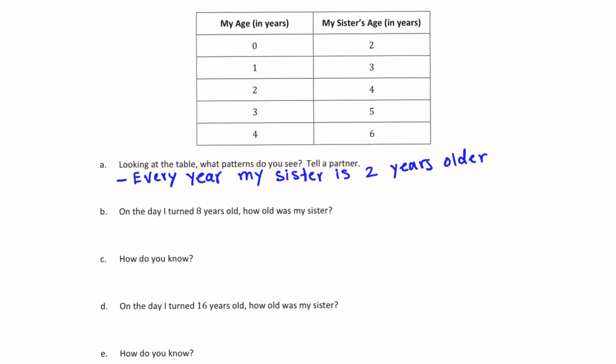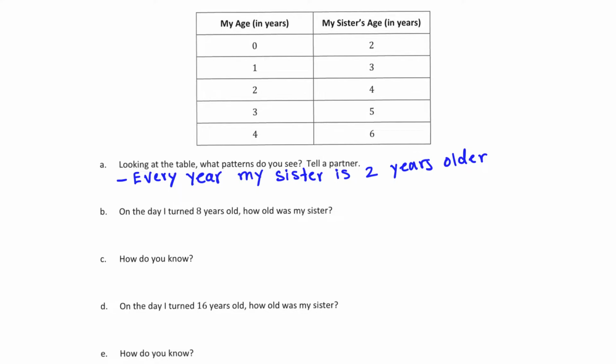Okay? Now let's look at the second question. On the day I turned 8 years old, how old was my sister? So now you're thinking, well, if I'm 8 here, how old is my sister going to be? Now keep in mind the pattern that you saw before. You said every year my sister is 2 years older. Okay?